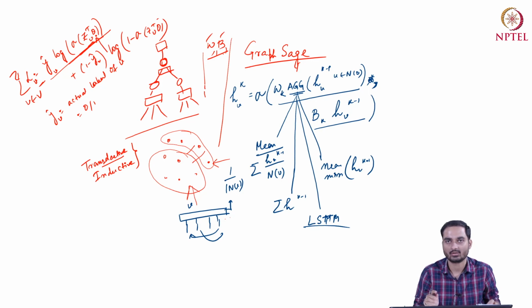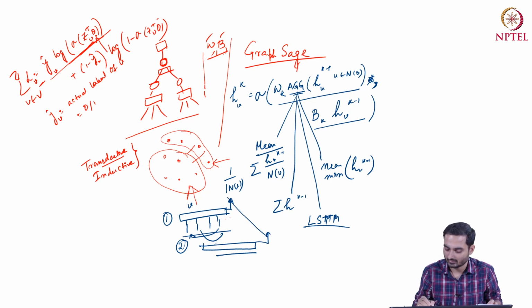So if you really want to use an LSTM here, what you do is shuffle your neighbors multiple times. In LSTM configuration 1, you have one sequence of neighbors and you get an output. In LSTM configuration 2, you have another sequence of neighbors with some output, and so on and so forth, and then you aggregate these outputs.